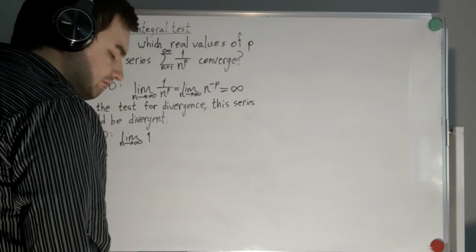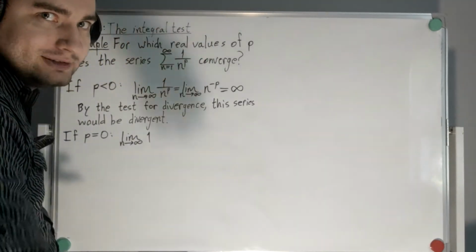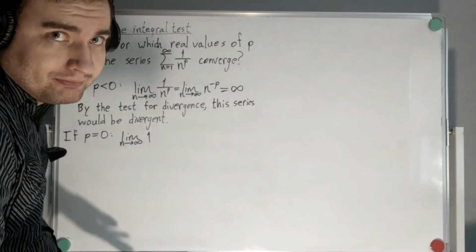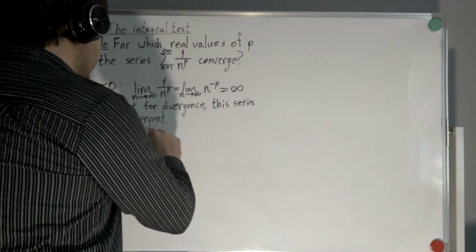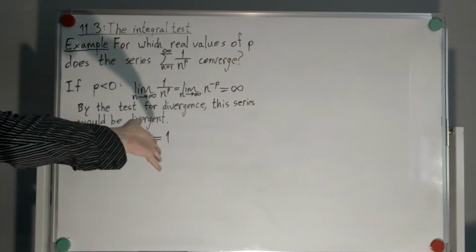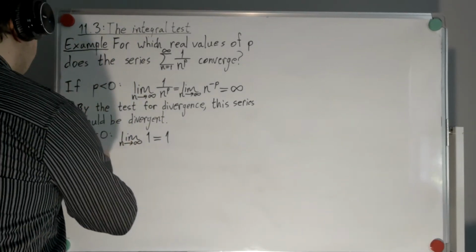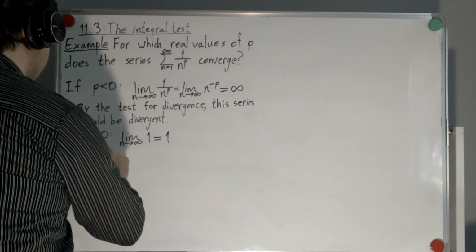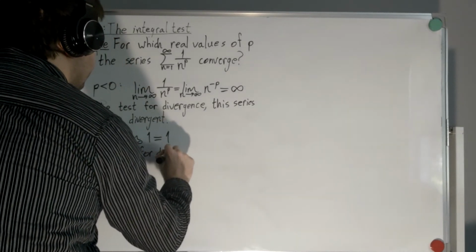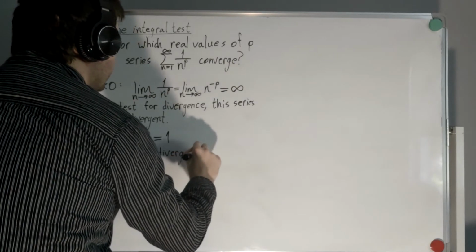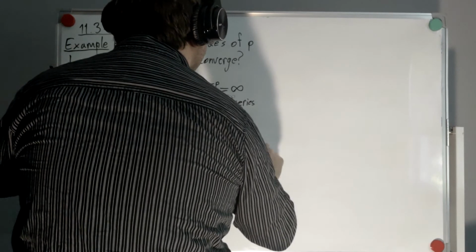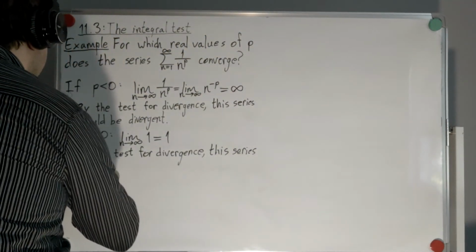Hopefully you can tell that if you just keep adding ones together, you're going to get something that grows without bound, so that's not going to converge. The test for divergence is another way of recognizing that same thing. The limit of 1 is just 1. So again, by the test for divergence, this series would be divergent.